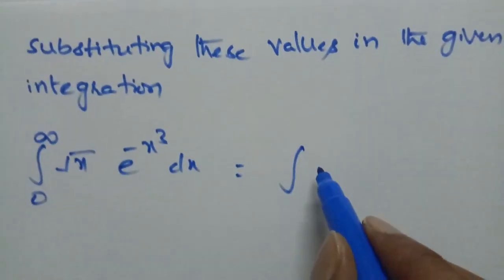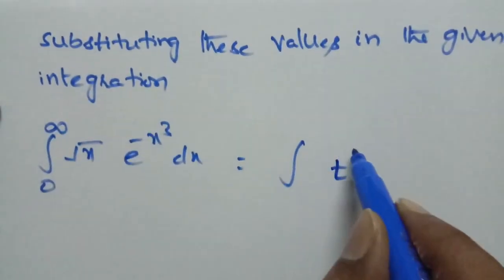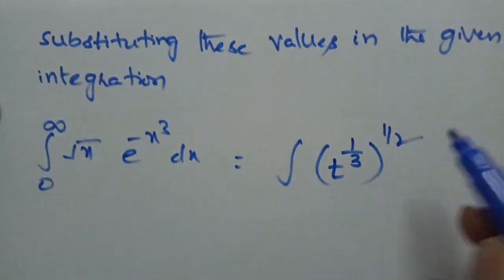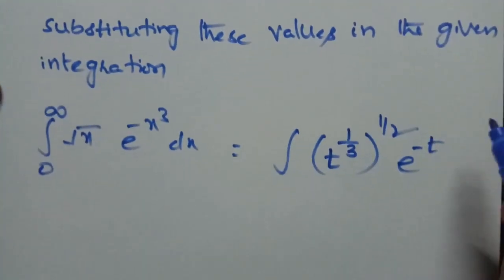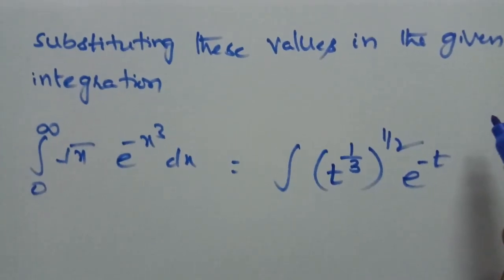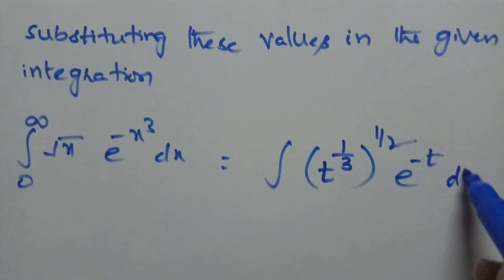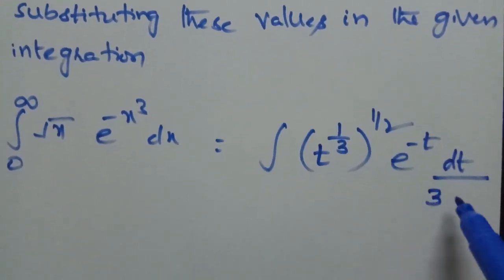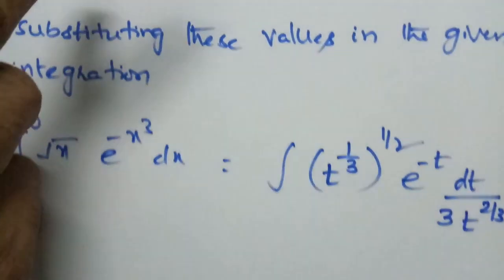Therefore root x, that is x to the power of 1 by 2, is t to the power of 1 by 3 whole to the power of 1 by 2, into e to the power of minus x cube, that is minus t, into dx. We already found dx is equal to dt by 3 into t to the power of 2 by 3.